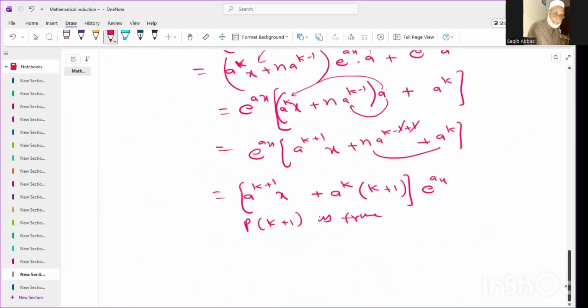Should this answer be similar to that answer? So this is our true condition. Therefore, we have proved it by mathematical induction.